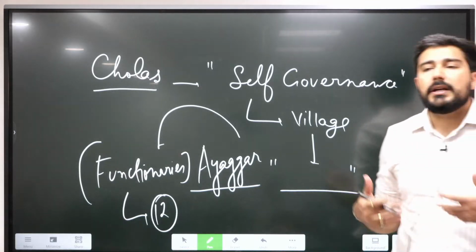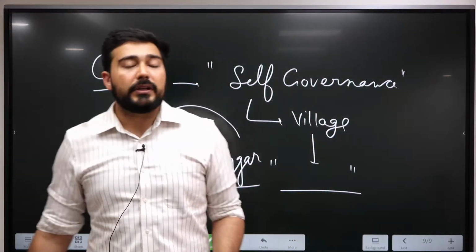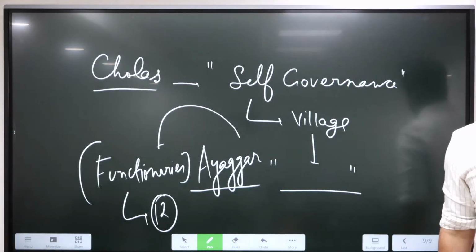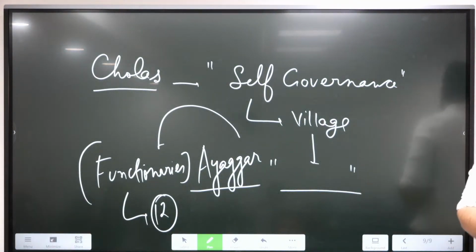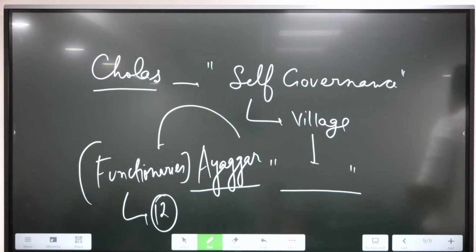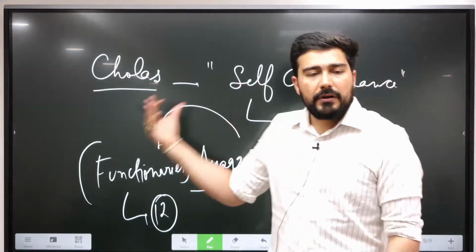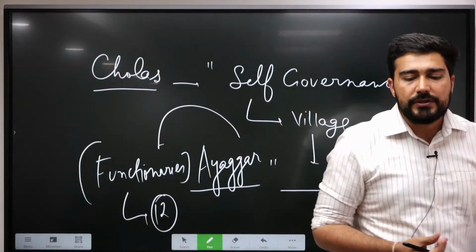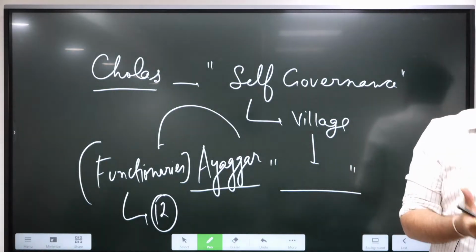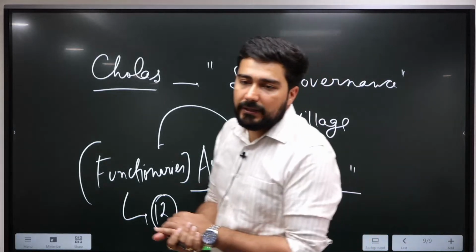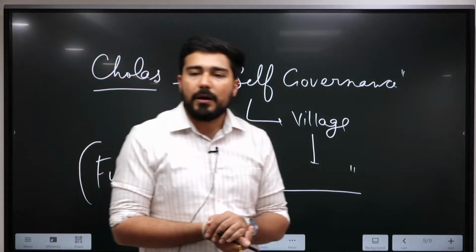Vijayanagar Empire is again famous for the coming of various travelers. Famous travelers came during their time, including the Portuguese like Barbosa, including the Italians like Niccolo Conti, even Abdul Razzak. So different kinds of travelers also came during the time of Vijayanagar, and UPSC time and again asked a question from there: what was the description given by these travelers of Vijayanagar Empire.